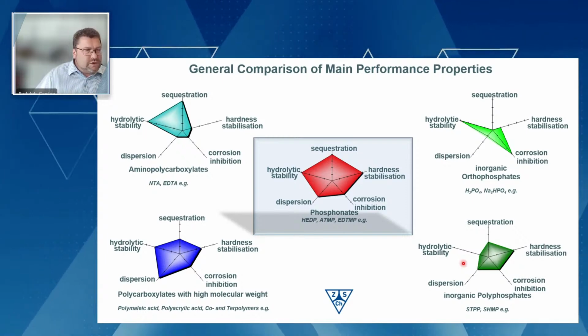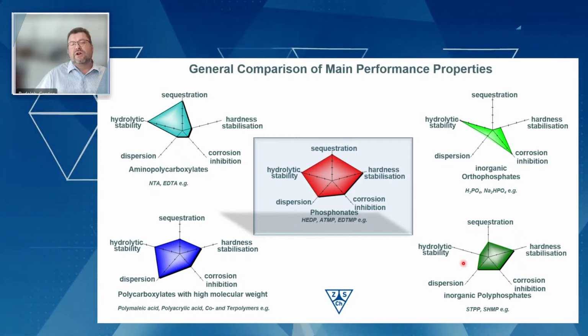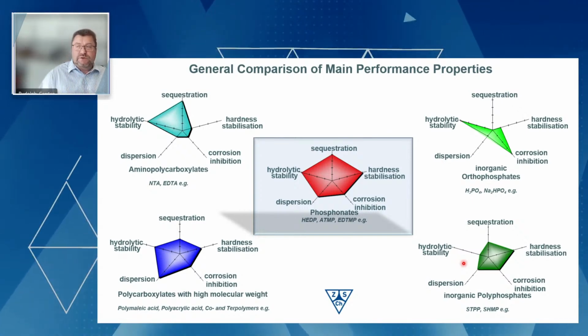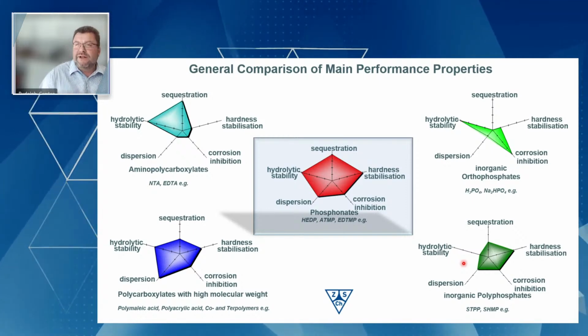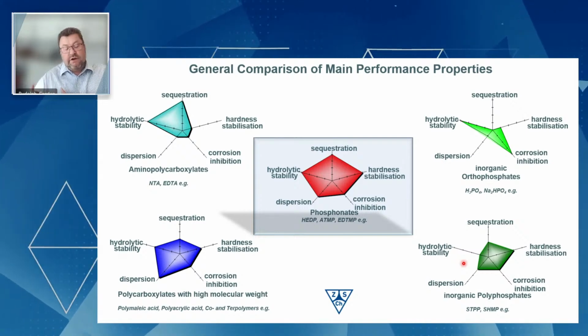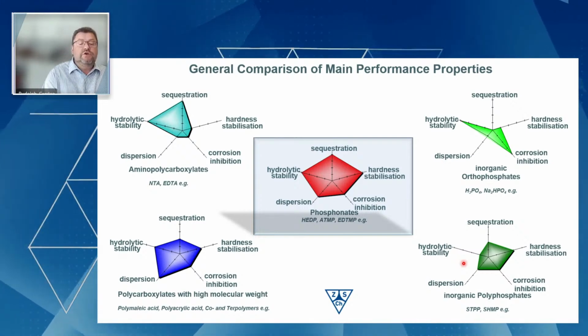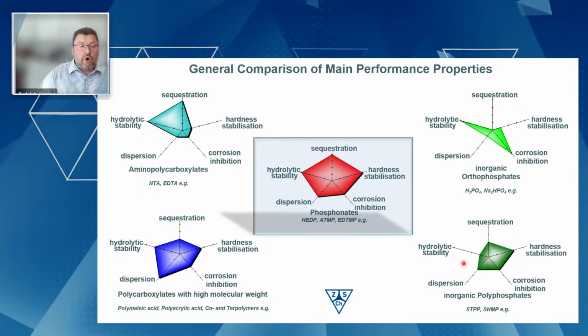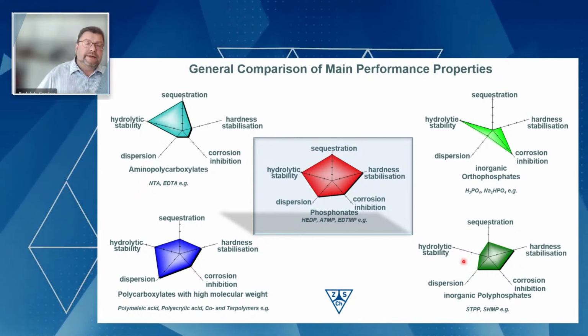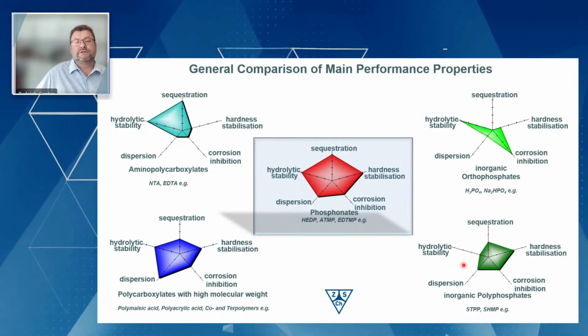I think the weakest point is the hydrolytic stability, and for this reason, it is always necessary to give an excess into the system. And this was the reason why in the late 1980s, for example, the polyphosphates were banned from the detergent market, due to the reason that they cause eutrophication in surface waters.